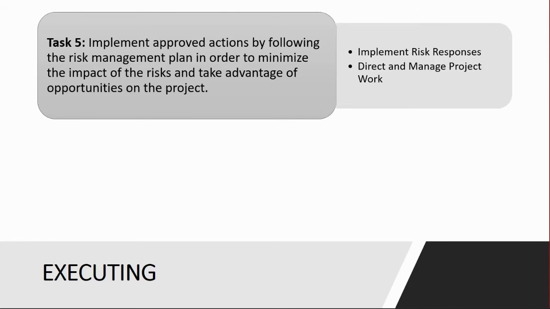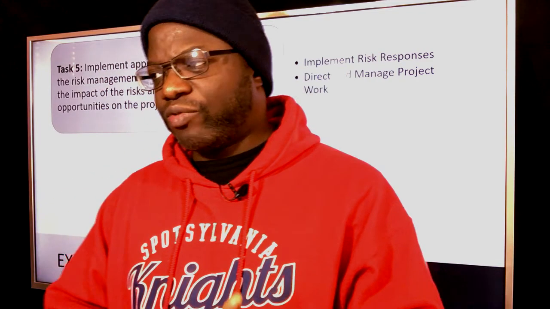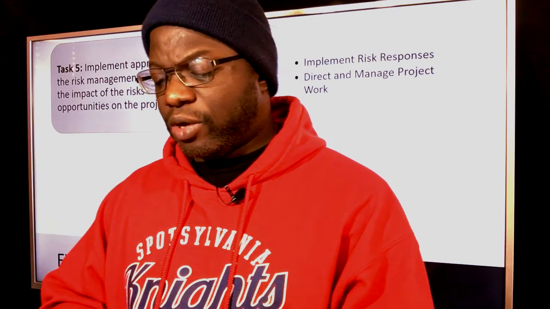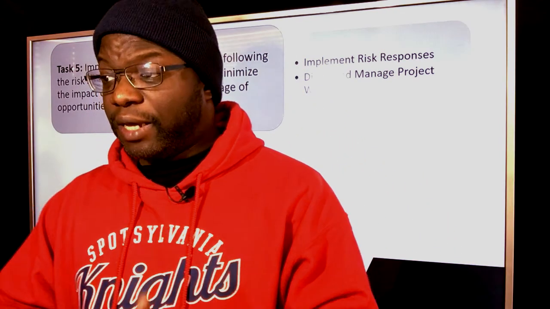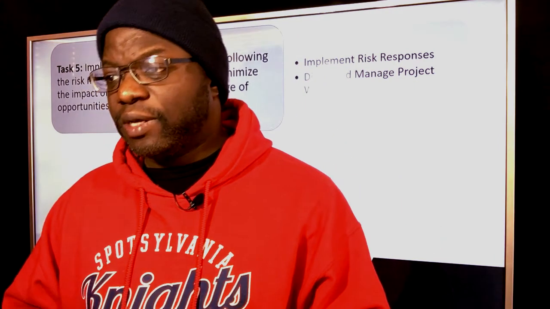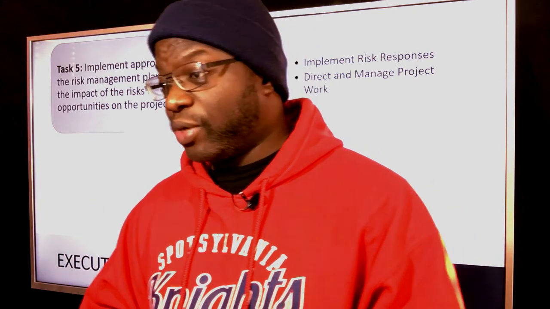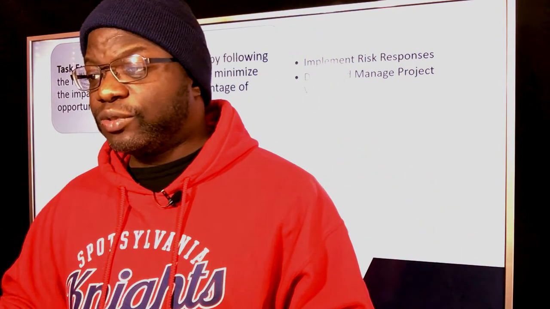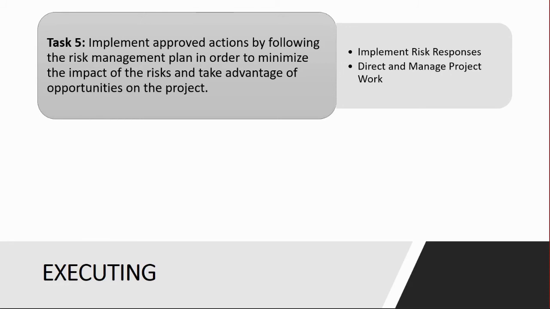I know that was quite a lot, but the bottom line is the risk management plan and the risk register are going to be used in accordance with the implement risk responses process to take advantage of opportunities, which are positive risks, and also to minimize the impact of negative risks. Okay?